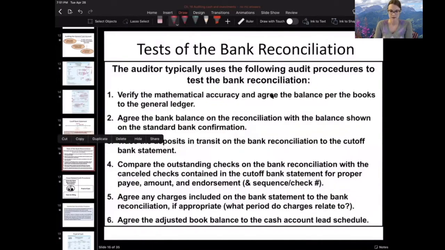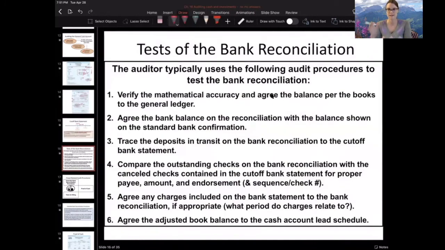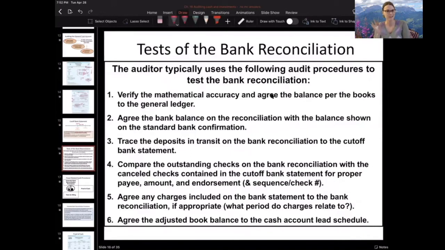Okay, so the next slide talks about the tests that the auditor does for the bank reconciliation. And it talks through the various procedures that the auditor does. So we start by testing mathematical accuracy, which basically means I check that these things total correctly, this totals correctly, this totals correctly, nothing too complicated there.